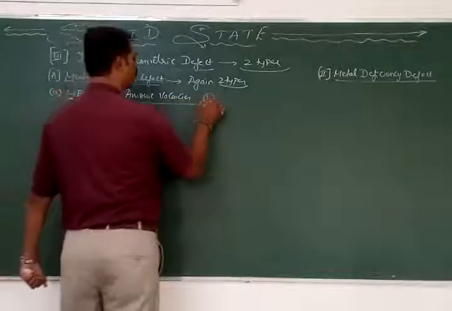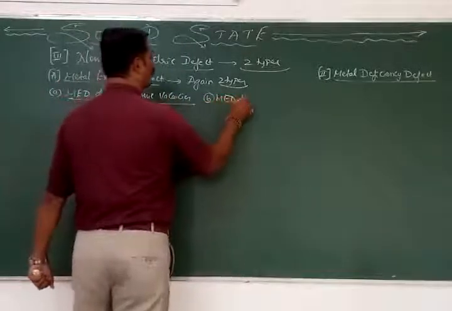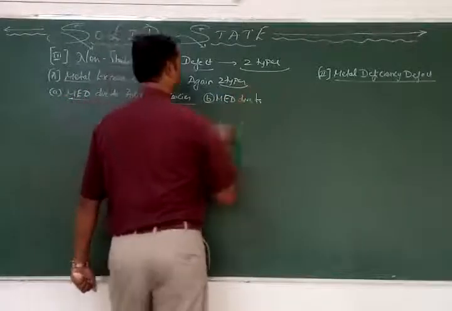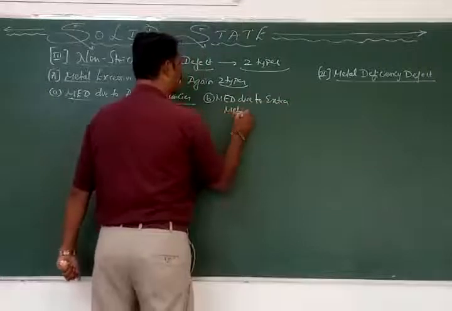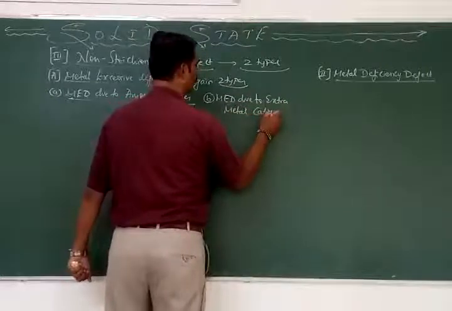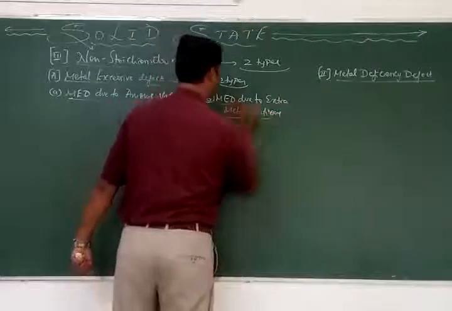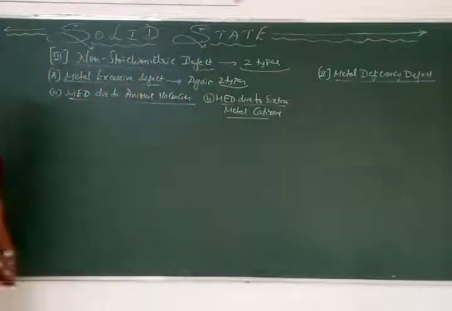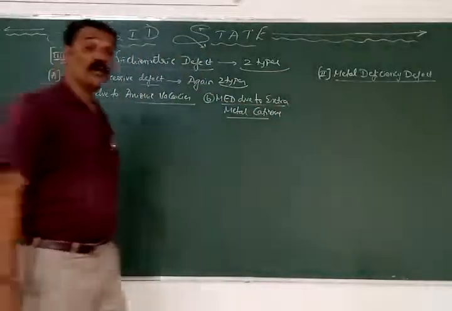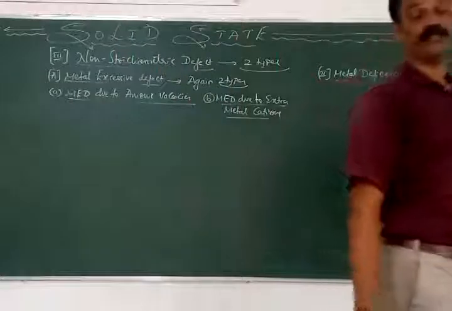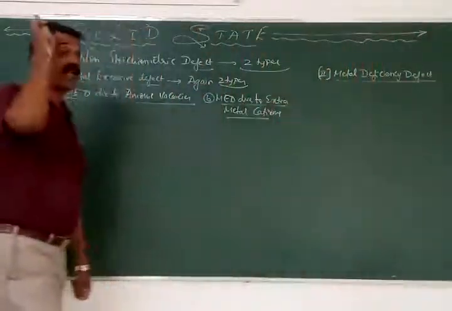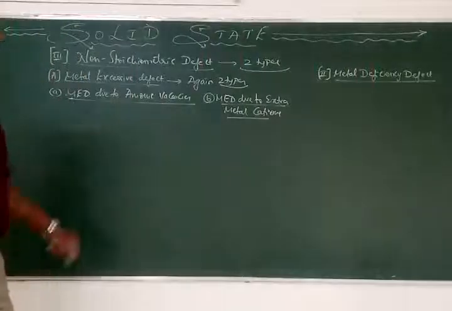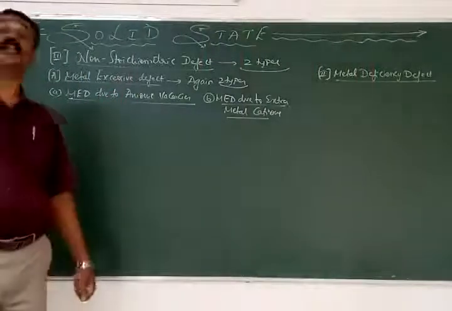The second one is metal excessive defect due to extra metal cations. Both are metal excessive defects, but they are due to two reasons. One is due to creating anionic vacancies, and the second one is due to extra metal cations.